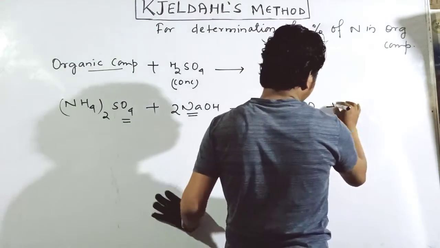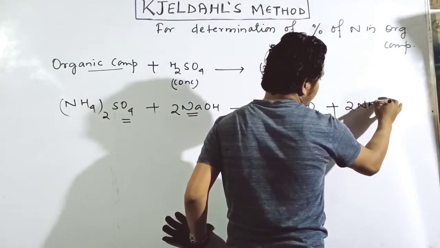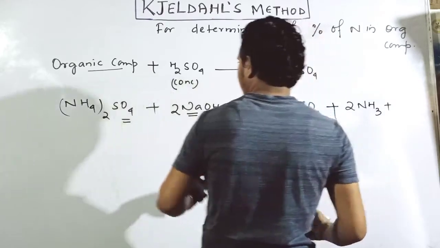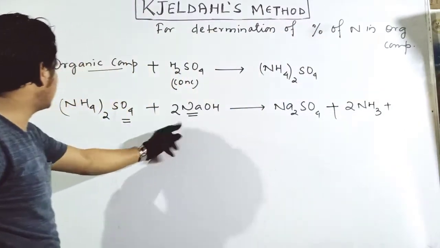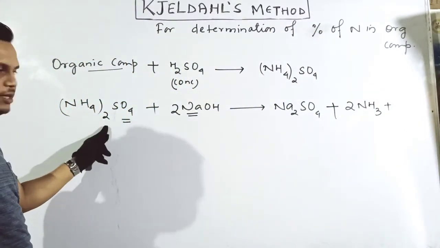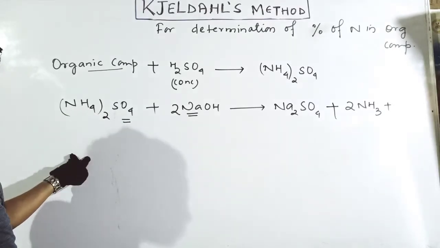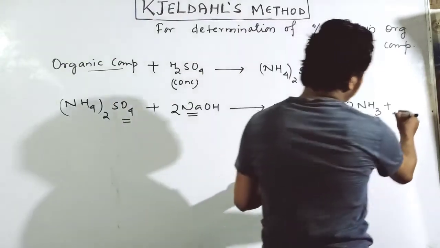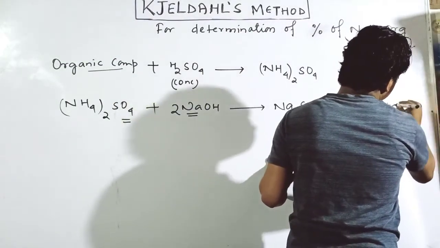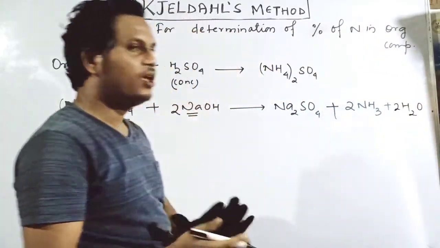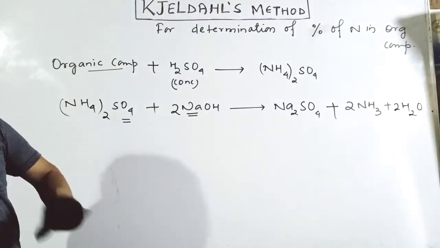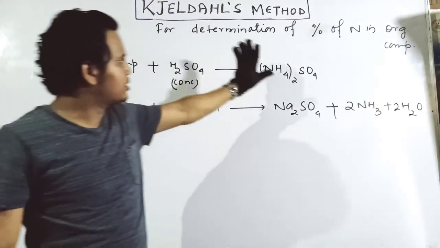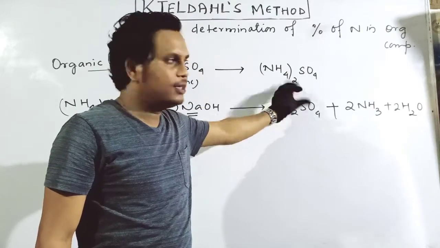So 2 NH4 are there, so 2 ammonia will be evolved. And 2 OH and 2 H are left from here. NH3 is evolved, H is remaining. So H and OH make water. How many water will form? 2.